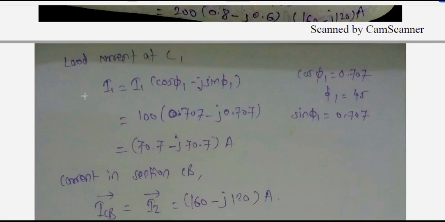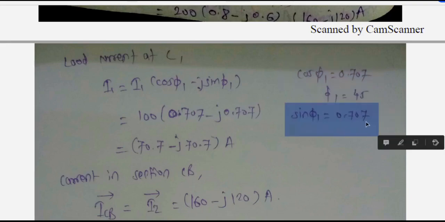We are interested in finding the load current at C. So I1 is equal to I1 cos of phi 1 minus j times sin of phi 1. They have given cos of phi 1 is equal to 0.707. By cos inverse we can calculate phi 1. Take the sin of phi 1, sin of 45 is 0.707.